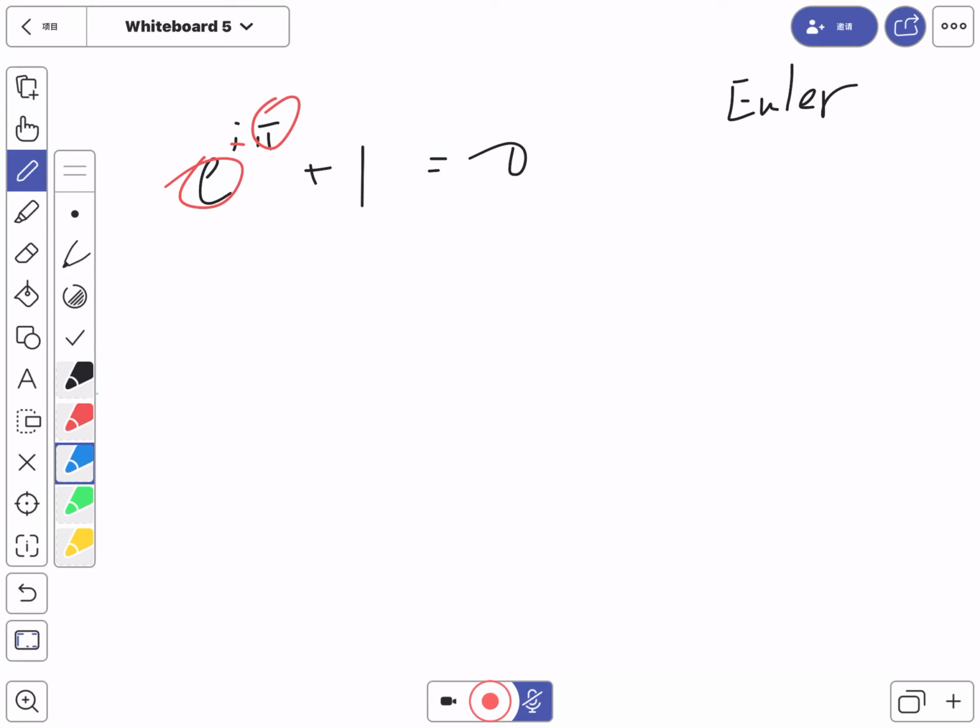To prove this, let's talk about Taylor series. So, why is Taylor series something we have to consider in order to prove this?